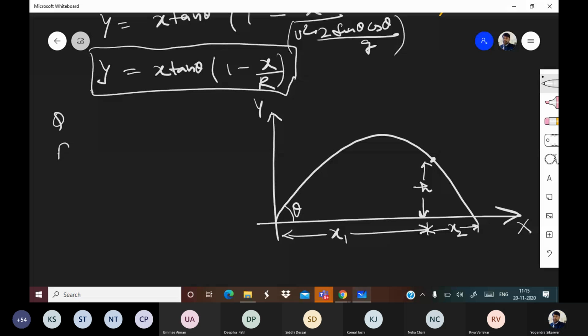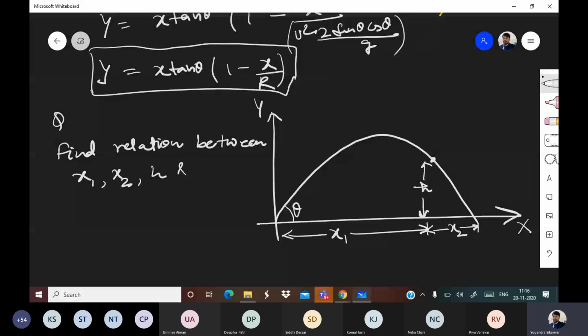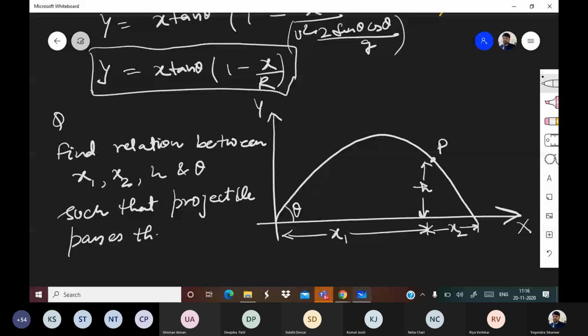Question says find relation between x1, x2, h and theta such that projectile passes through point P. Projectile passes through point P. Okay.